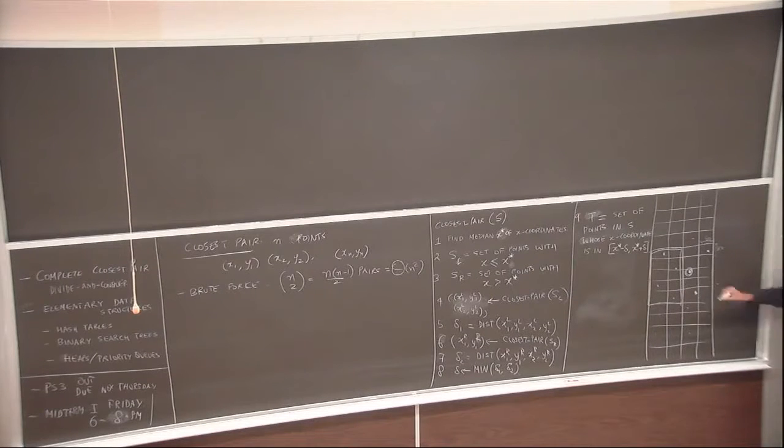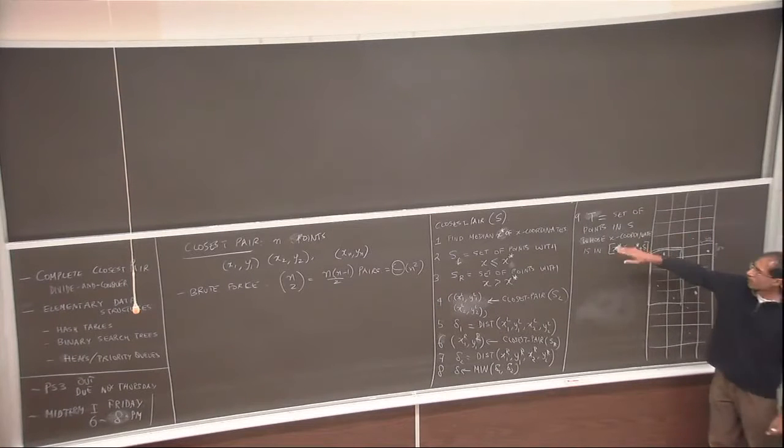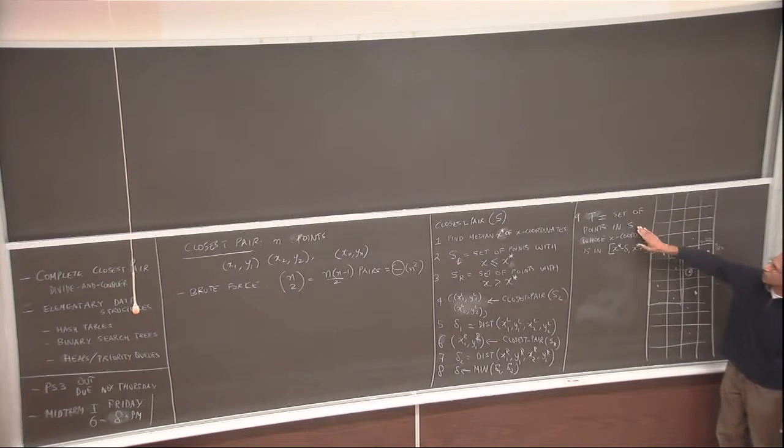Very good, that's a good suggestion. So what I could do is, once I take this point, I could do a check through all the points in T and pick only those points which are on this side. By the way, I could have split this into T1 and T2 if I wanted. Since I already had split them into S1 and S2, I could have done T1 is set of points in S1, T2 is set of points in S2.